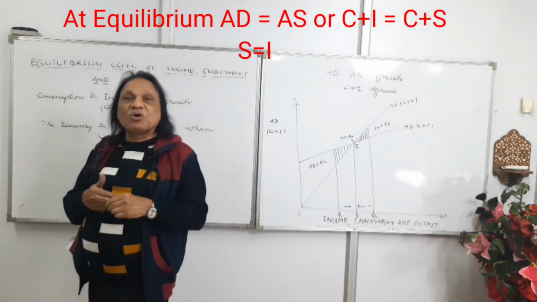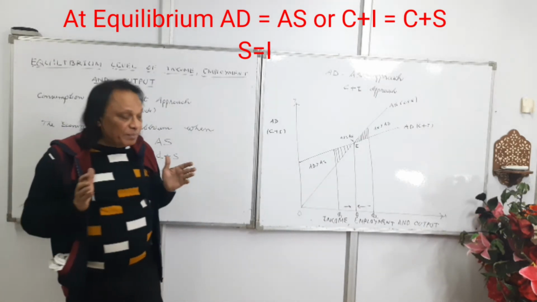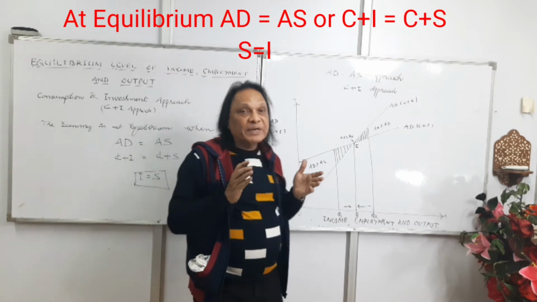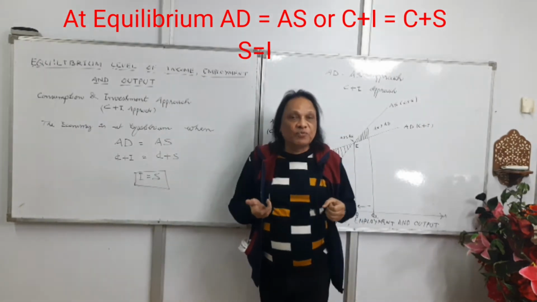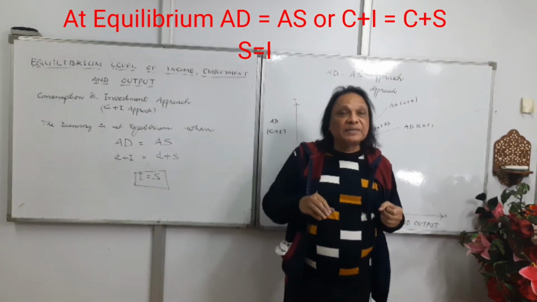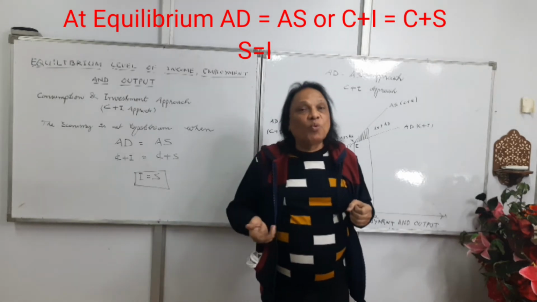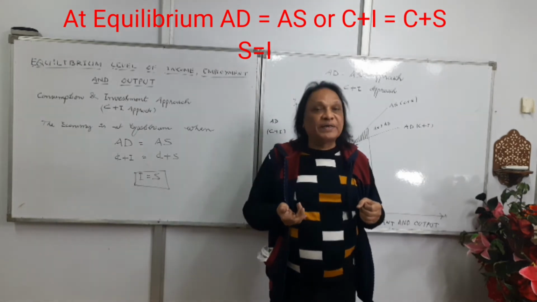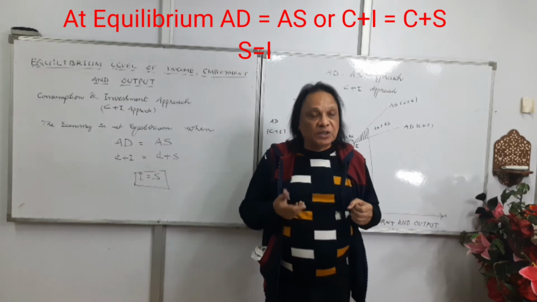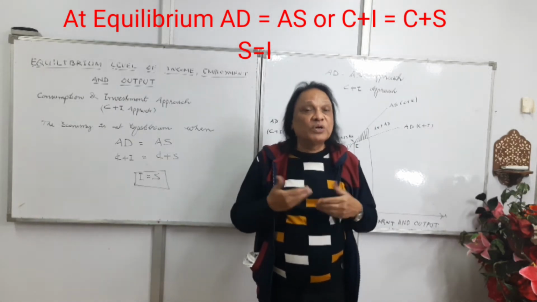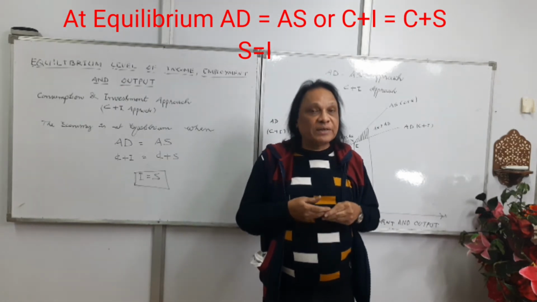According to Keynes, the economy will be at the equilibrium level of income, employment and output when AD is equal to AS. We already know aggregate demand is the total demand, or what people are planning to spend on consumption and investment. The total expenditure in the economy should be equal to the total planned output.